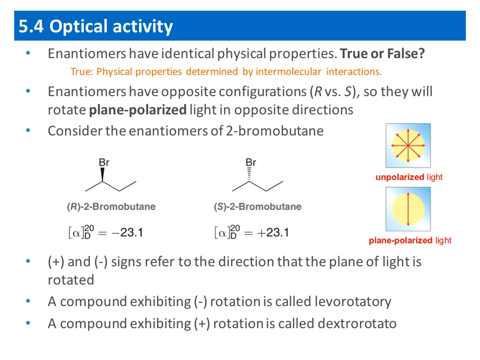If you look at the same example, we have S isomer here and this one is R isomer. Both of them rotate the light to the same extent, with the same number, but in opposite directions. One of them is positive, the other one is negative.